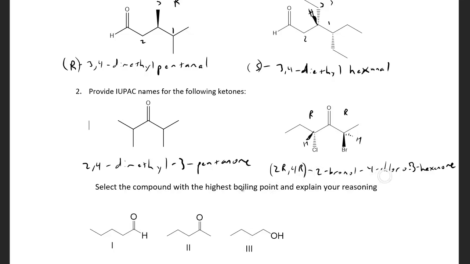So 2R, 4R, 2-bromo, 4-chloro, 3-hexanone. This could also be 4-chlorohexane-3-one. You can put the 3 out front or right in front of the ONE.